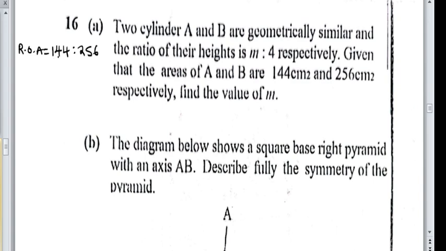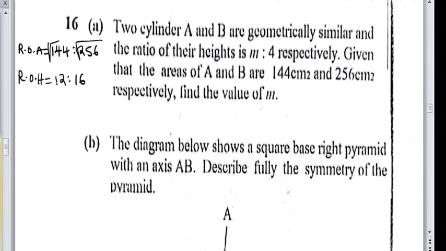I can look for numbers that can go into 144 and 256, but to save on time and calculations, I can find the ratio of heights from the ratio of areas. So I can say the ratio of heights is just the square root of the individual areas. So the square root of 144 is 12. The square root of 256 is 16.